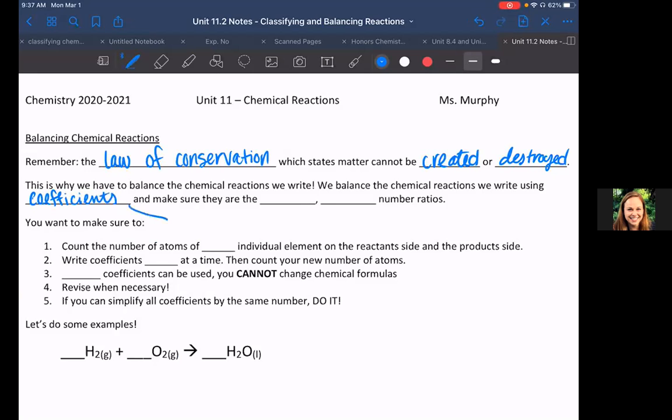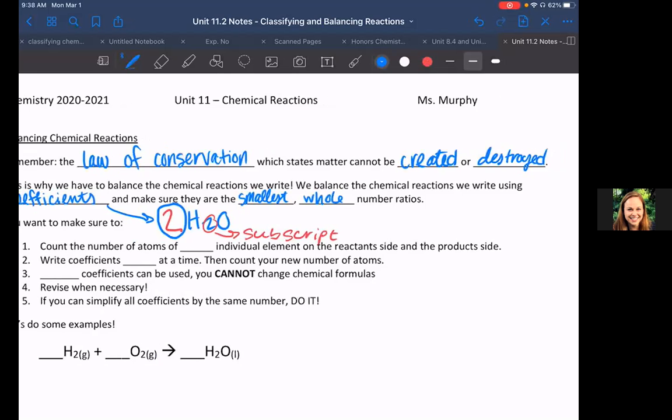And just a reminder on what a coefficient is, if I were to put a 2 in front of the formula H2O, this 2 would be a coefficient. This one would be a subscript. So it's just a reminder. All right, so we make sure that these coefficients are also the smallest whole number ratios.